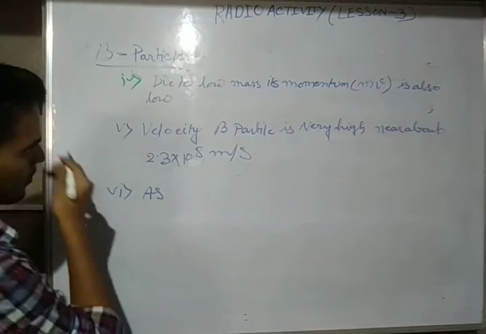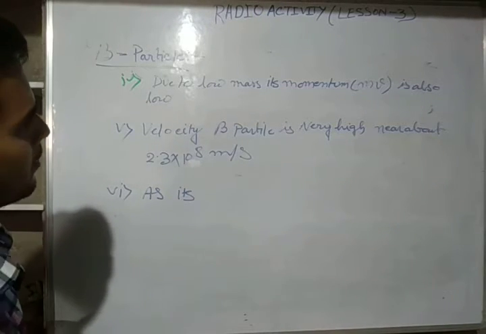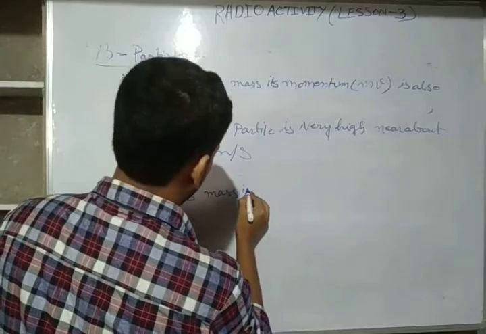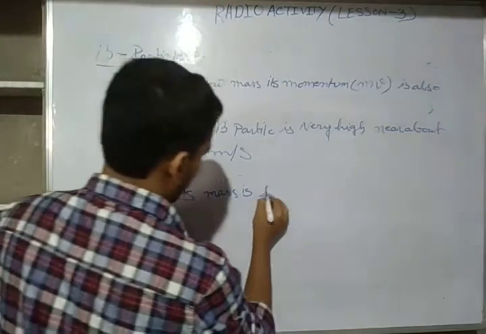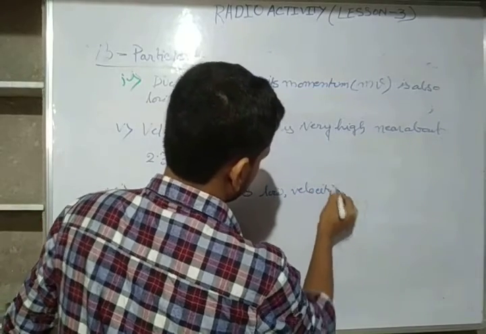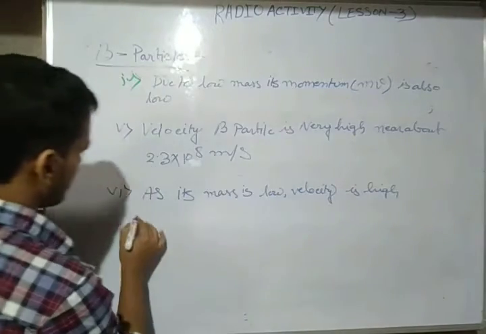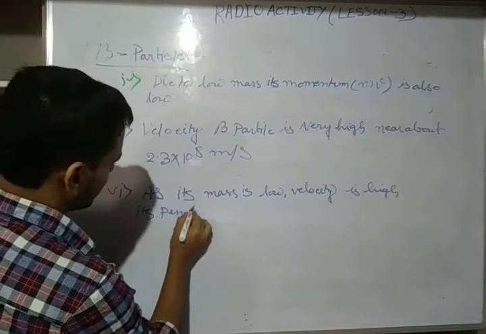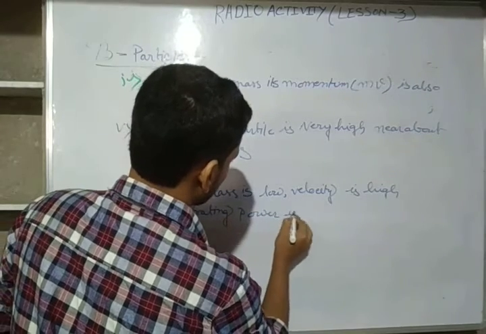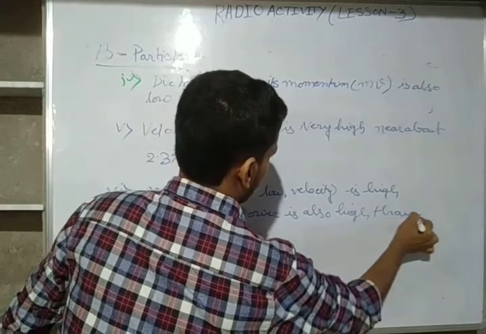As its mass is low and velocity is high, its penetrating power is also high than alpha.